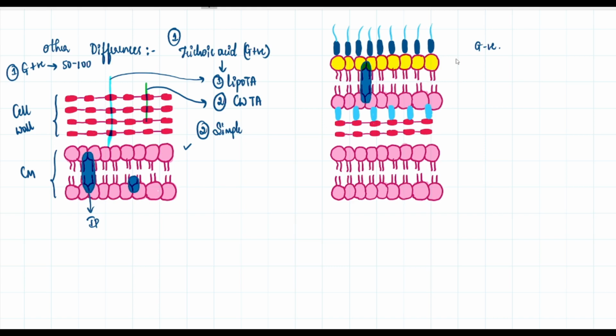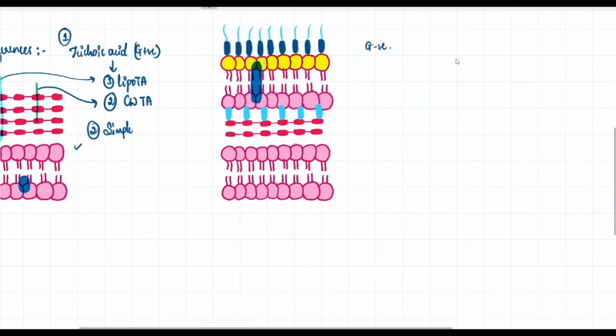But if we come to gram negative bacteria, you can see this is the cell membrane, and it is called the inner cell membrane. And this one is called the outer cell membrane. You can see 2 layers of plasma membrane or cell membrane.